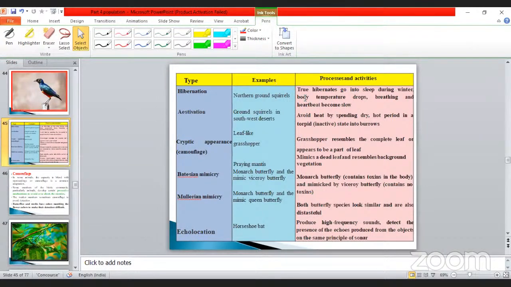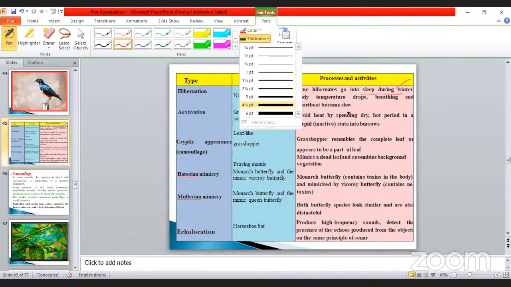Why is it good to hibernate? Due to high temperature or low temperature, whichever it may be, animals undergo the sleeping process. They can sleep.